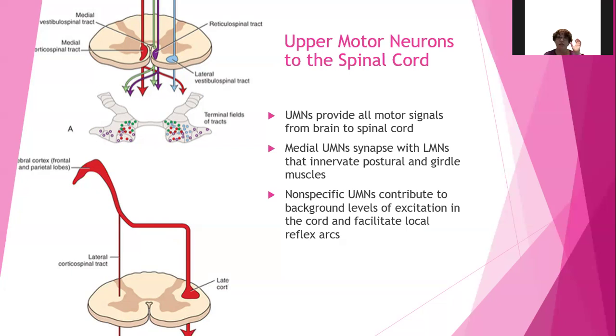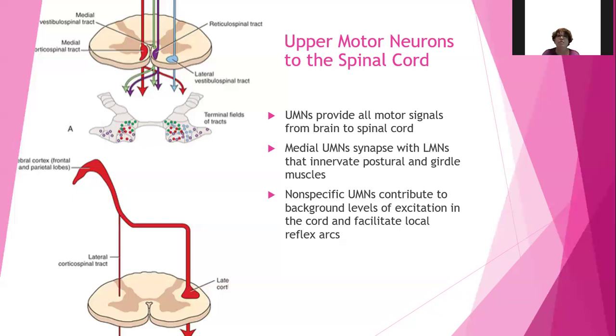So from the cortex to the spine, which is where they synapse with the lower motor neurons. So that's postural and girdle muscles. So I think of it to remember is the medial, like the middle of the body, is posture and girdle, trunk girdle muscles. And they're medial, they're in the middle.